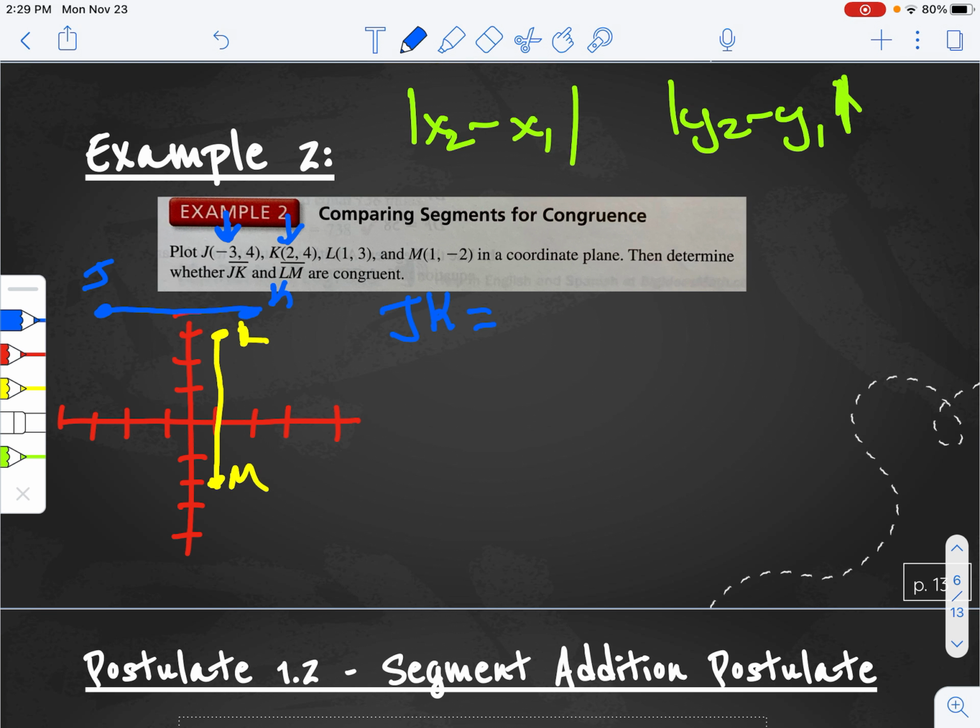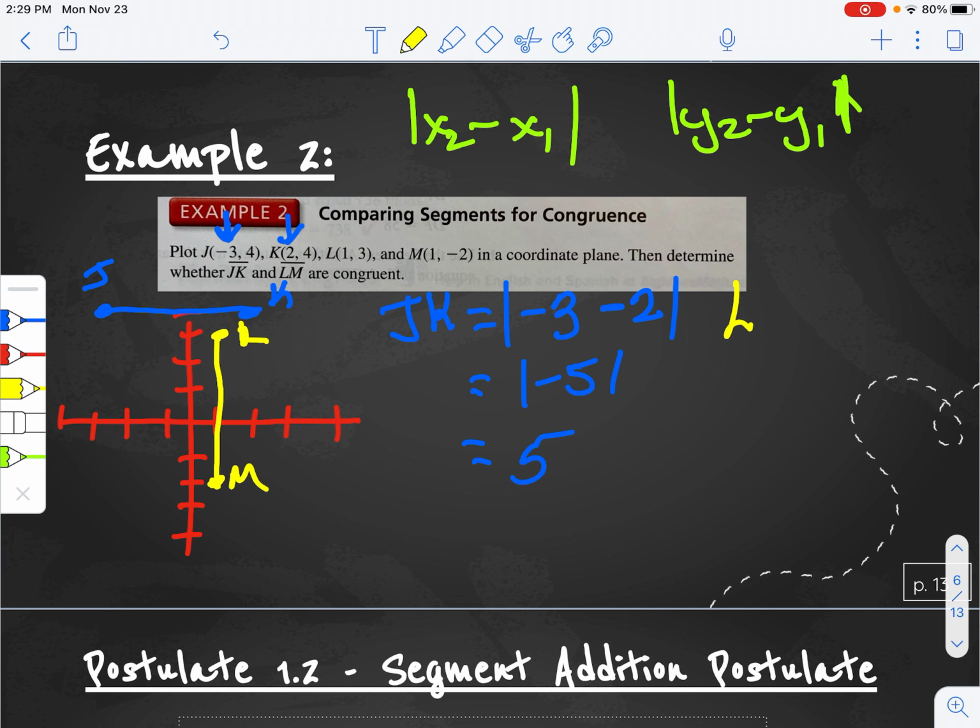So JK equals the absolute value of -3 minus 2. -3 minus 2 gives us -5. Absolute value of 5 gives us 5. So that is the distance between point J and point K.